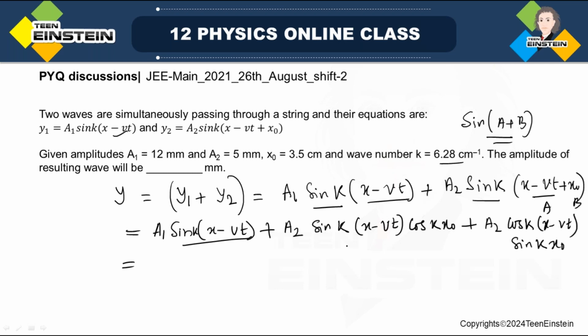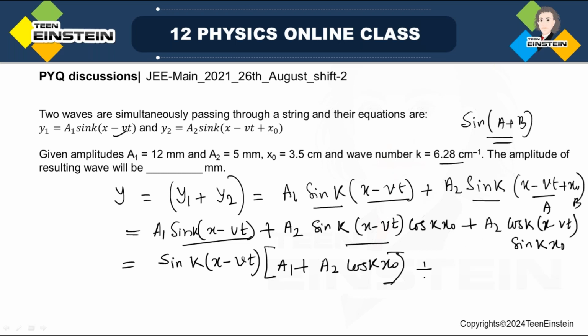Right, now look, this is the whole term. I can do one thing, I'll take this sine k(x minus vt) term common, so that I have only one sine term, where I have a1 plus a2 cos of k x0. This is kind of an amplitude term, I can say.